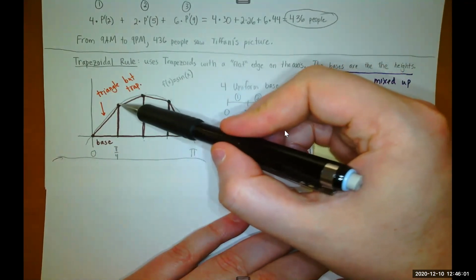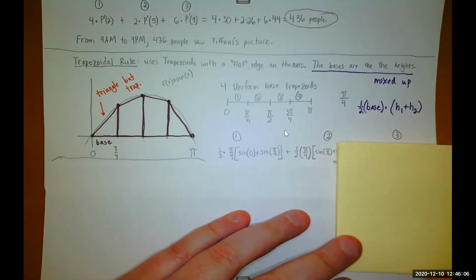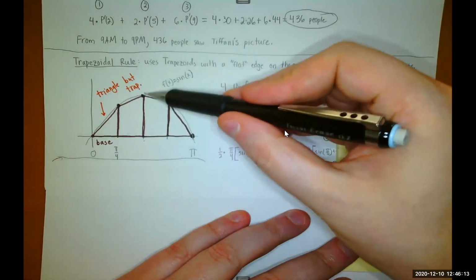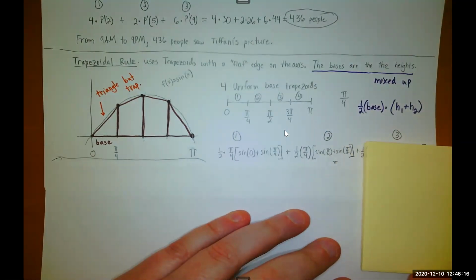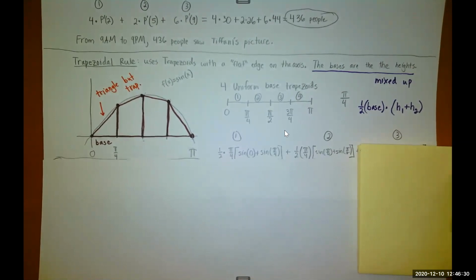So this left value is again going to be sine of pi over 4, and this right value is going to be at pi over 2, the sine of pi over 2. That is the area calculation for our second trapezoid: 1/2 times base pi over 4 times the sum of the heights, sine at pi over 4 and pi over 2 respectively, the left and the right.